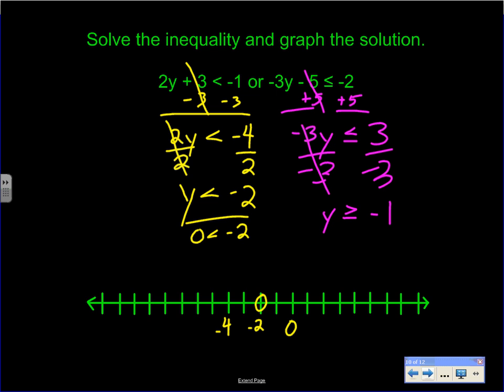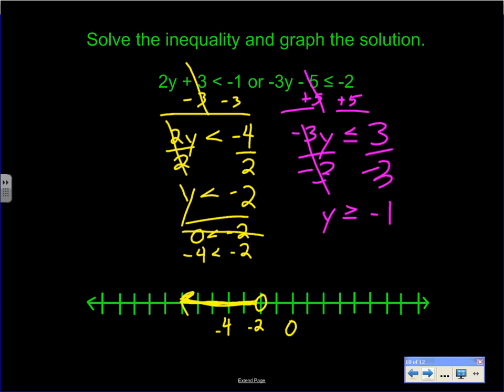Pick a number on the left. Is 0 less than negative 2? I don't think so. There you go. So the arrow is going to point towards negative 4.